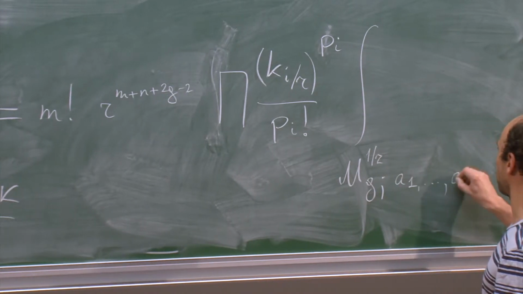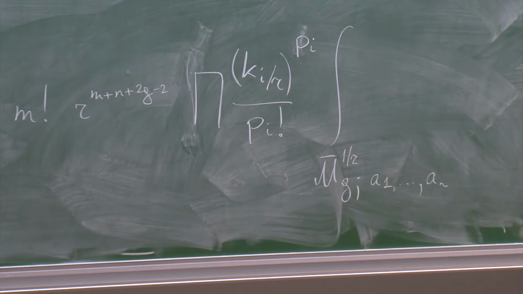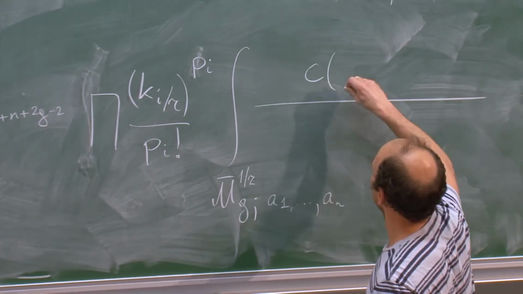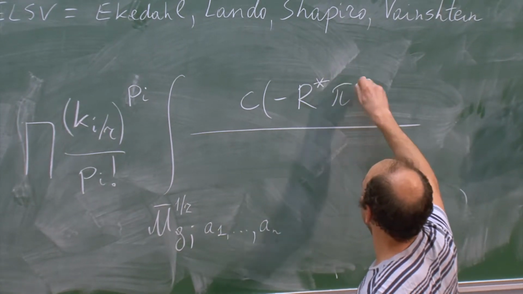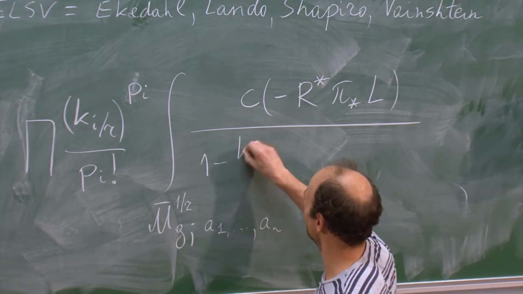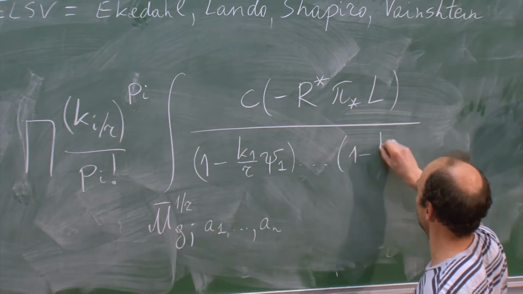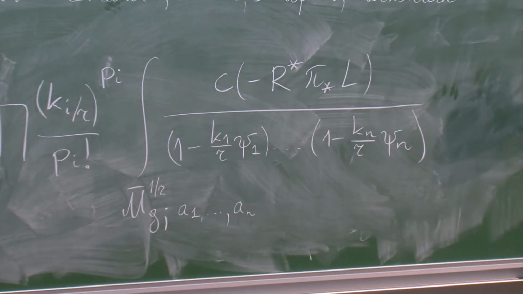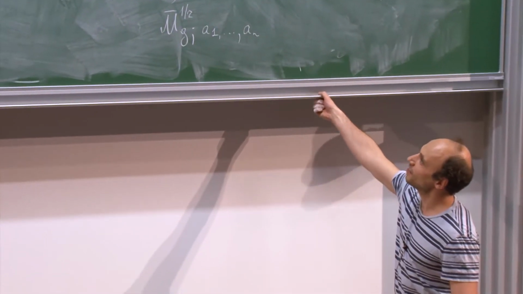And here I have what is called the space of r-spin structures. So once again I will explain what it is. Here is minus r star b push forward of L. Now there are some new things. So that's the formula. Now once again I have to explain all the letters.